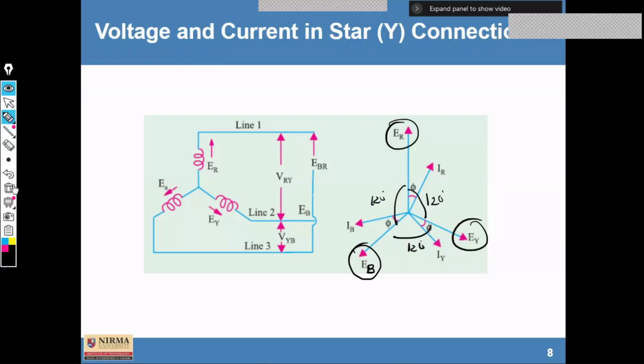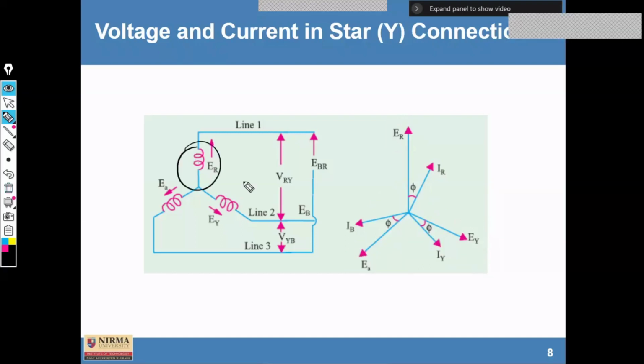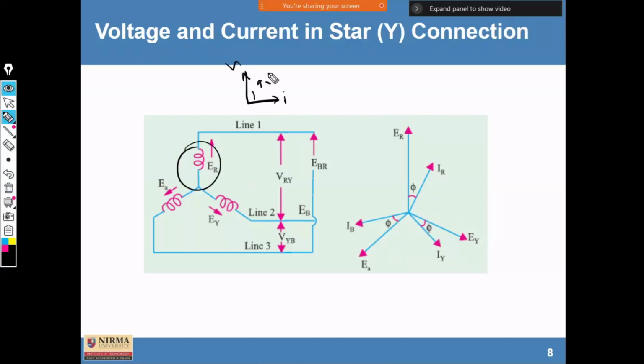As per the inductive load, we know that current and voltage are 90 degrees apart. But this inductor also has a small amount of resistance, so it is not a pure inductor but a mixture of resistance as well as inductance.